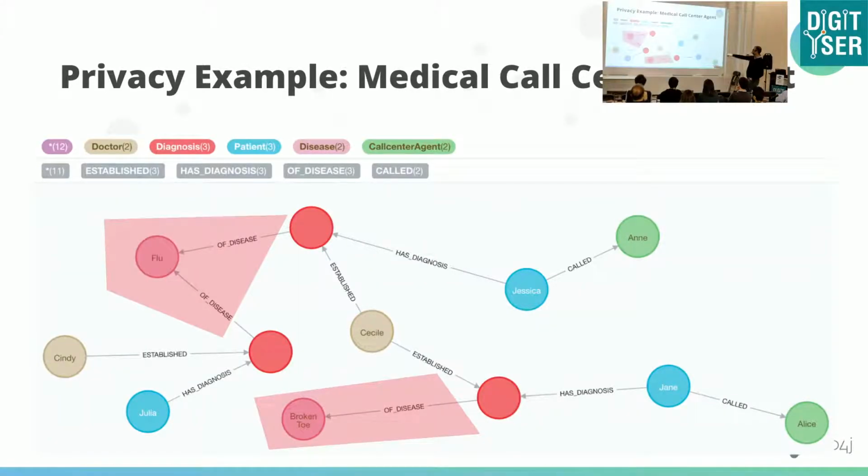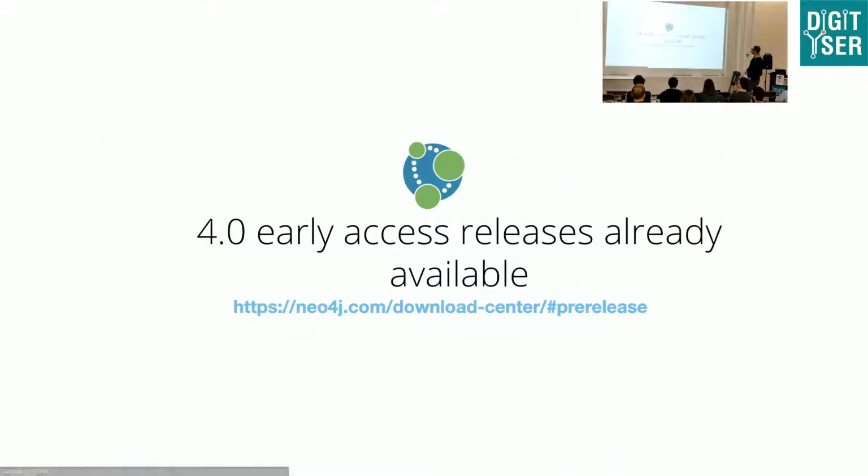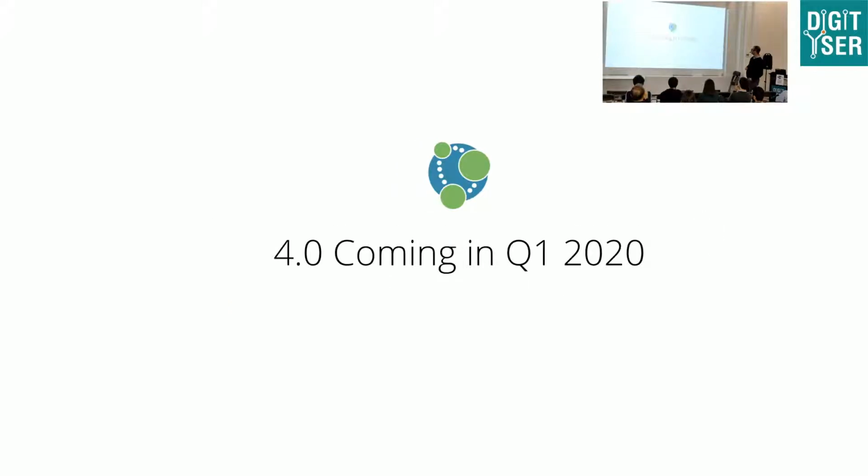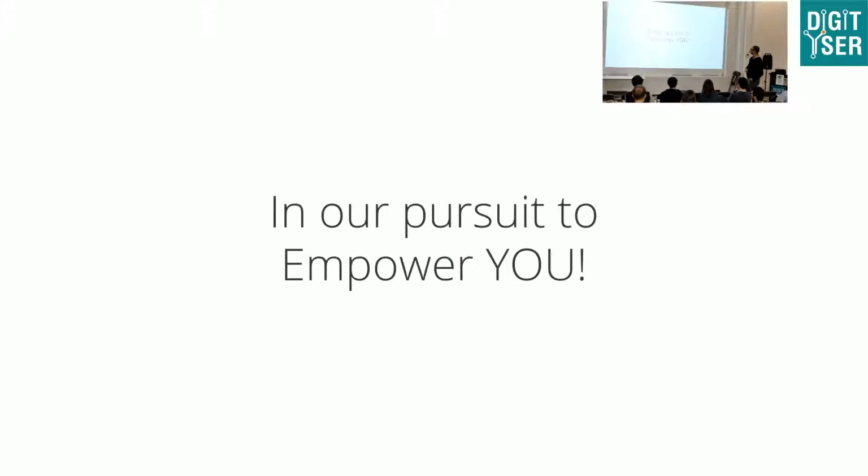Like I say, this is an example where you can gray out certain parts of the graphs depending on the authorizations of a particular role. And that's a feature of the 4.0 system as well. There's already a pre-release available if you're interested, and it's going to be released in about a month from today. The release candidate was out there, I think, 2 weeks ago. So you can already take a look at it.